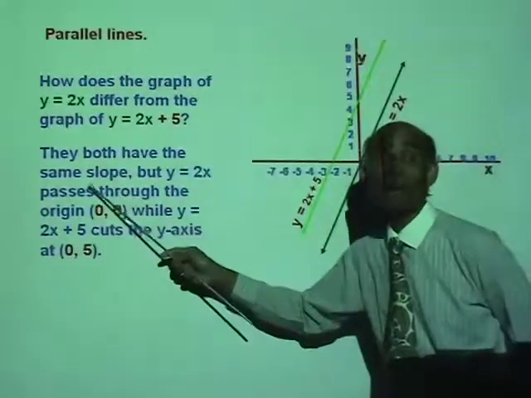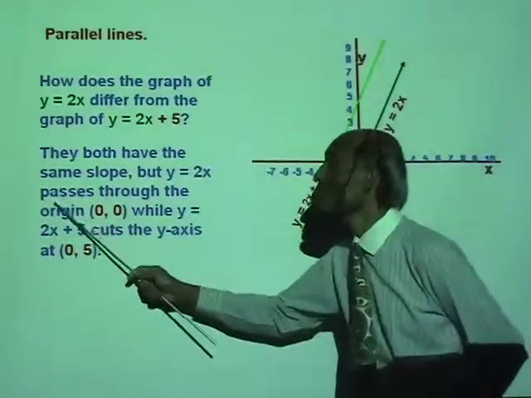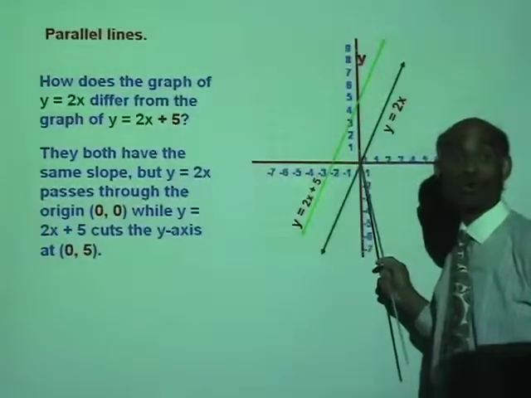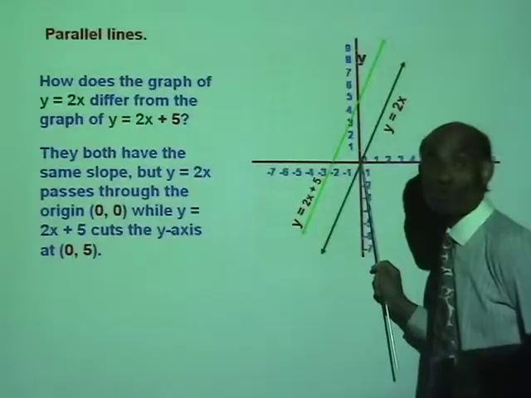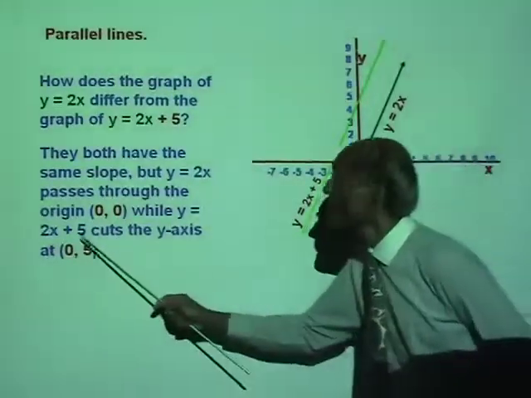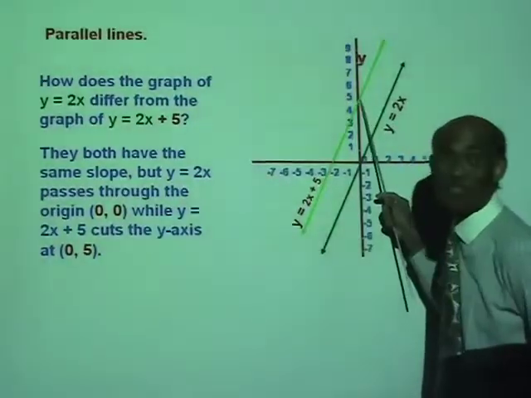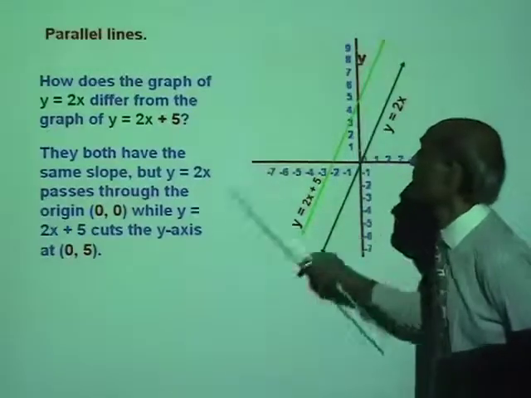They both have the same slope, but y equal to 2x passes through 0, 0, the origin. But y equal to 2x plus 5, look where it cuts the y-axis. At 0, 5.